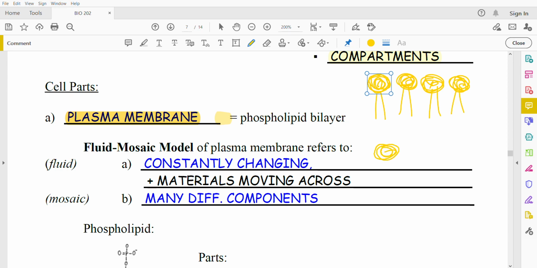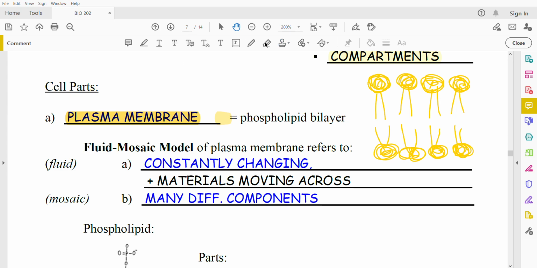And the easiest way to organize in this way is to form this phospholipid bilayer structure. So this is what our cell membranes look like. The heads are facing outside, towards water, and the tails are facing inside. That's just how phospholipid bilayers are spontaneously formed in nature.